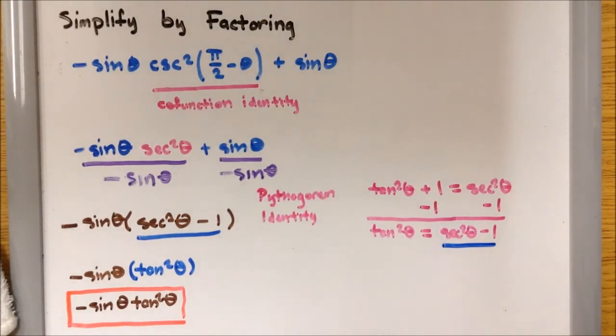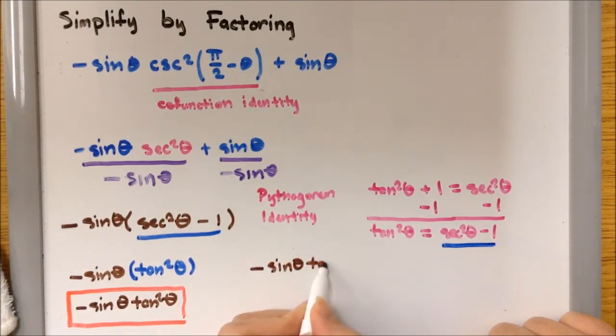Now, in the last example, I showed you a part where if it asks you to simplify in terms of sine and cosine, I would continue from here. So I'm going to write it right here. Negative sine theta tangent square theta.